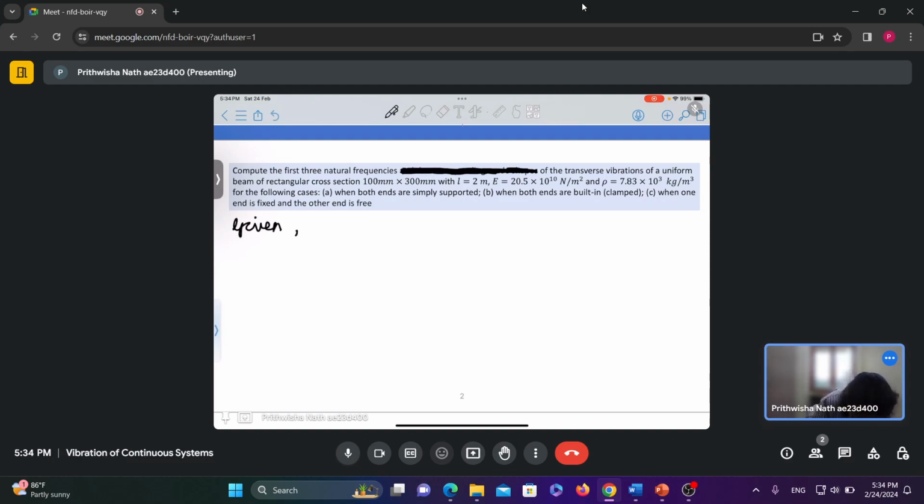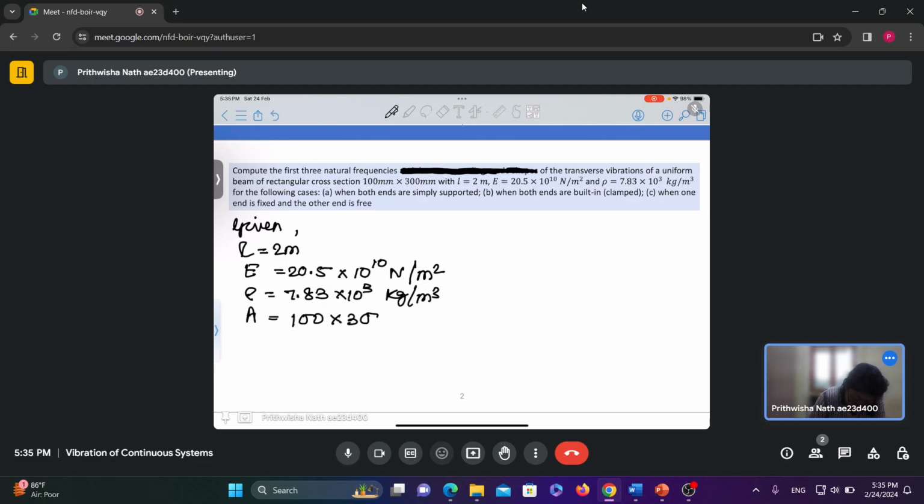Given L equals 2 meter, E equals 20.5 into 10 to the power 10 Newton per meter square, density is given as 7.83 into 10 to the power 3 kg per meter cube, and area we can calculate 100 into 300 millimeter square.